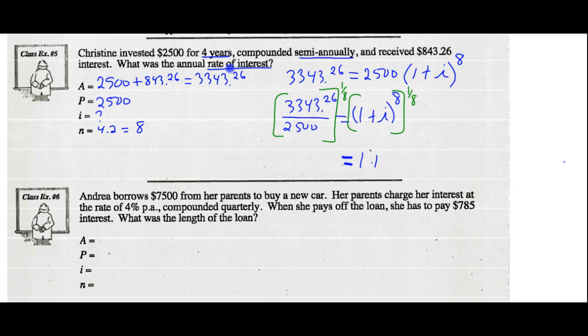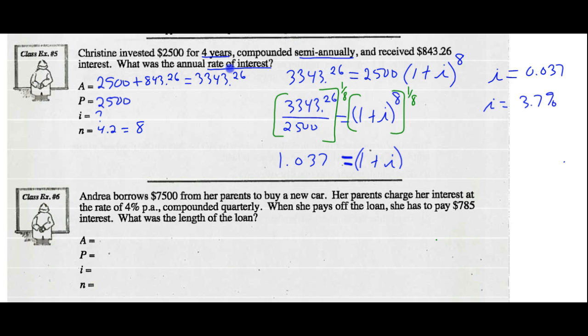So now I just have 1 plus I. And if we do that calculation on the left hand side, we get 1.037. So if I now subtract 1 from both sides, I find out that I equals 0.037, or I is 3.7%.